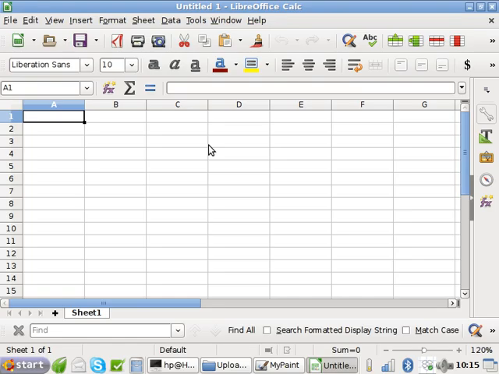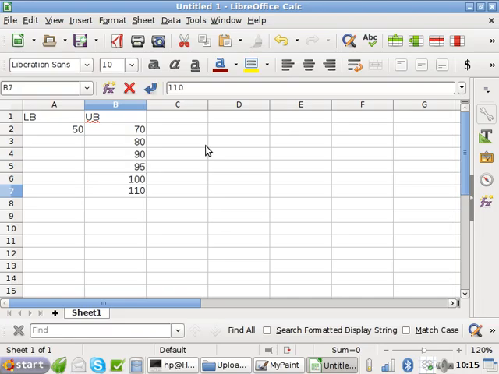So do you remember how, well, let me write down the times. You have the lower boundary and then the upper boundary, but very nicely they give you that. It's 50 and it's 70. Next one is 80, 90, 95, 100, 110 and 130.